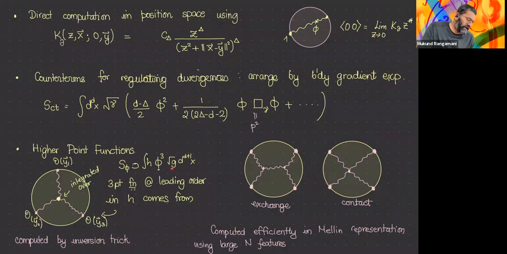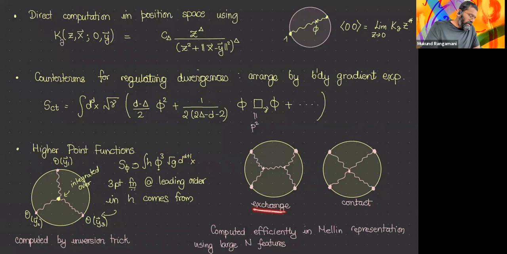Now, let's say our bulk theory was phi cube theory. Then I would have 4-point functions coming from exchanges. I could, in addition, have 4-point contact vertices. So I could have a mixture of exchanges and contacts when I'm computing 4-point functions, and so on and so forth. The contact diagram was also evaluated in the old days, and it's given by some special class of conformal integrals.